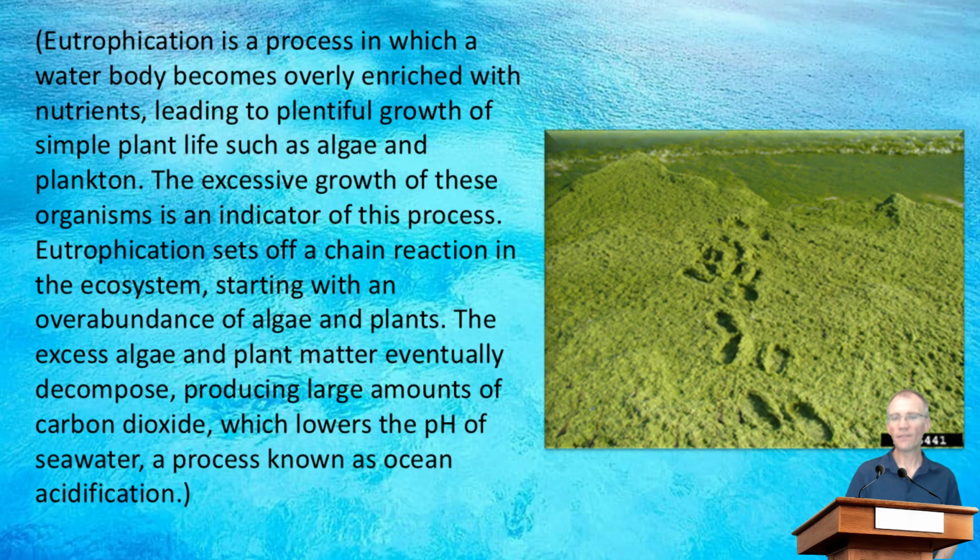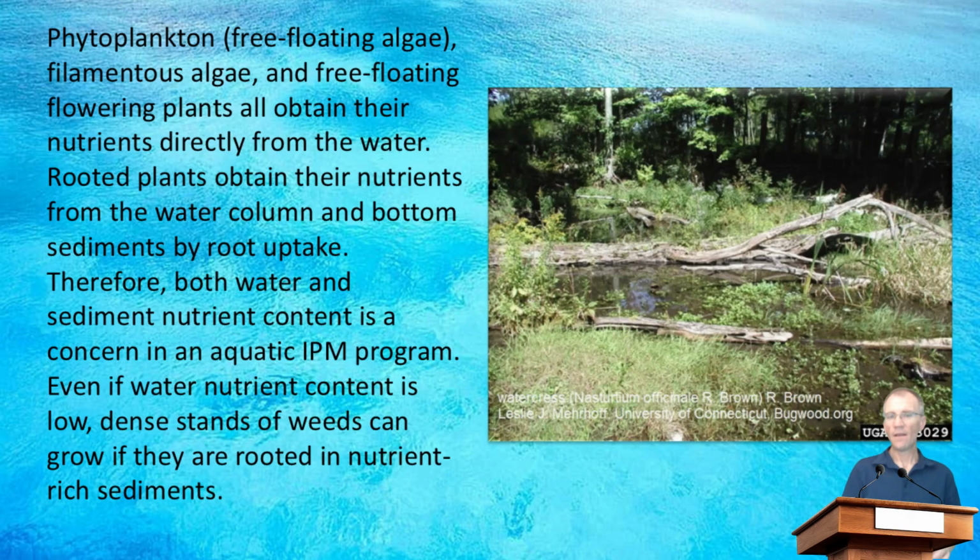Eutrophication sets off a chain reaction in the ecosystem, starting with an overabundance of algae and plants. The excess algae and plant matter eventually decompose, producing large amounts of carbon dioxide, which lowers the pH of seawater, a process known as ocean acidification.